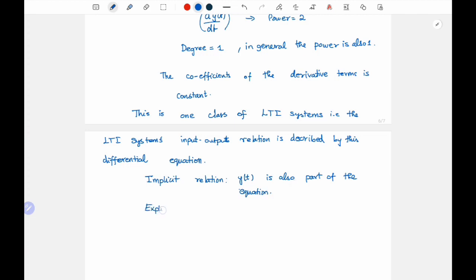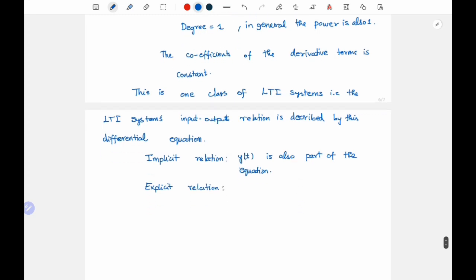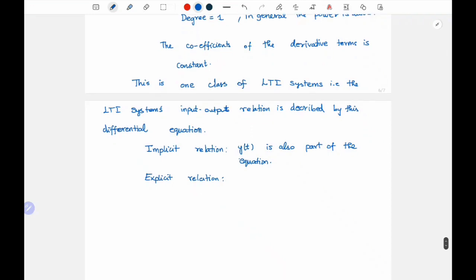Explicit is, so output alone comes on the left hand side and x of t is describing the entire right hand side. So y of t is explicitly stated in terms of x of t. This example is y of t is equal to x of t plus 1 and so on. Okay.